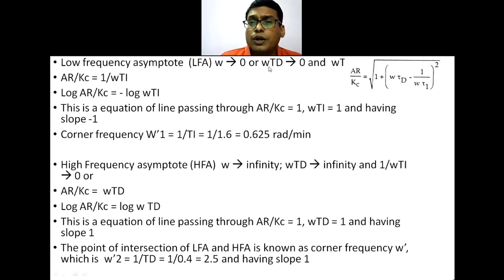So omega tau d, when substituted to 0, becomes 0, and amplitude ratio upon Kc will correspond to 1 upon omega tau I. So log of amplitude ratio upon Kc becomes equal to minus log of omega tau I. So this is the equation of a line passing through amplitude ratio equal to 1 and omega tau I equal to 1, having the slope of minus 1.